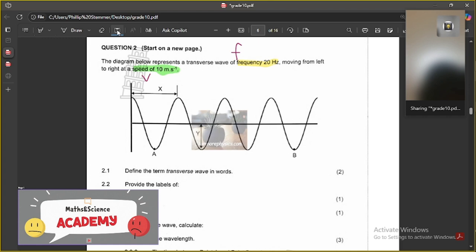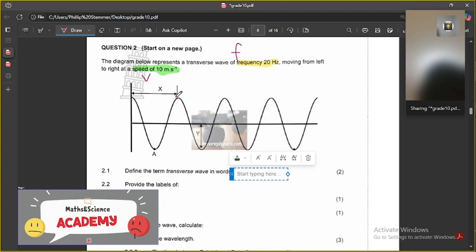So we're going to define what is a transverse wave. A transverse wave is a wave in which the disturbance is at right angle to the direction of the propagation of the medium.